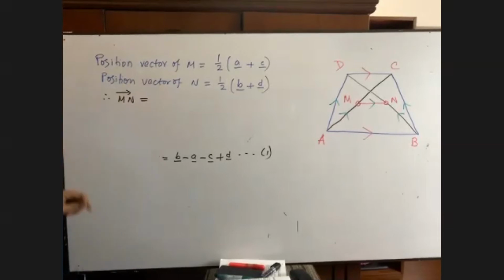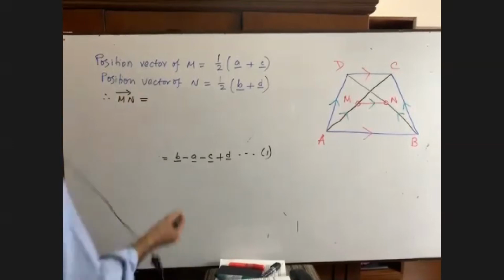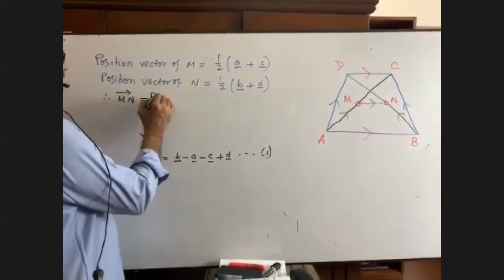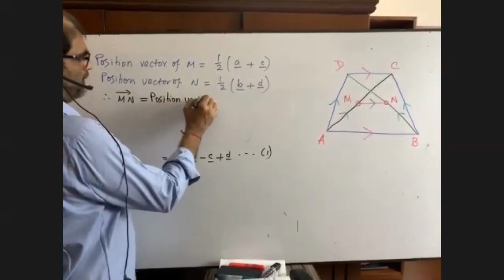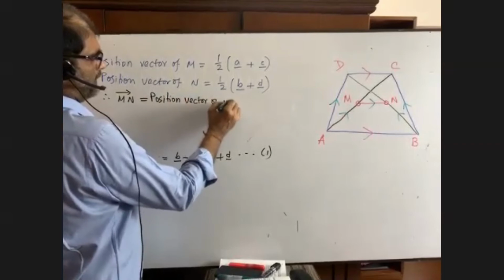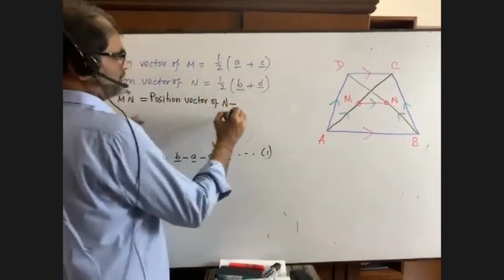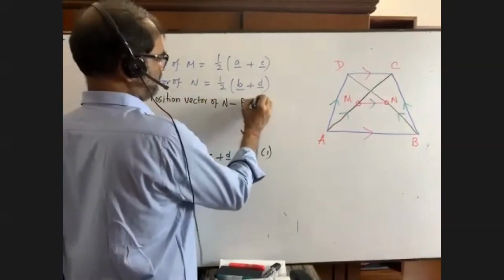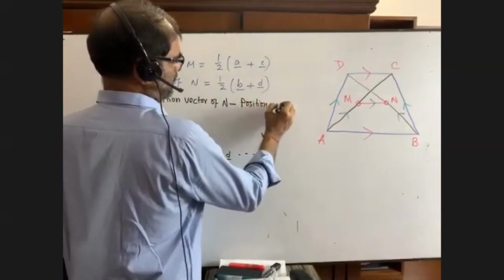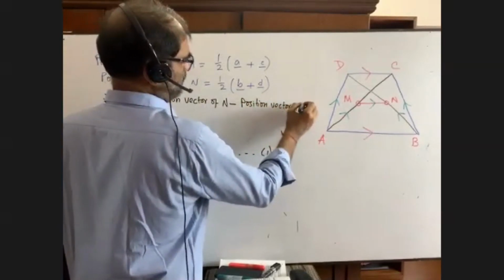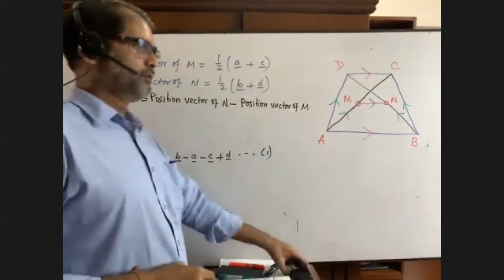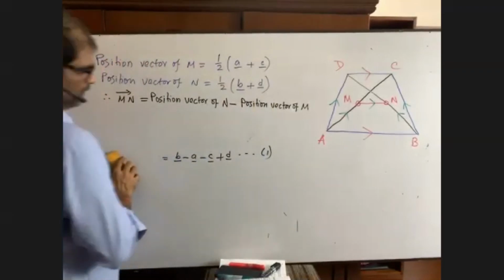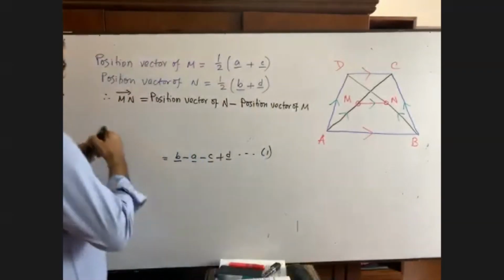The position vector of N minus the position vector of M. You can write down position vector of N minus position vector of M. So what is the value here?